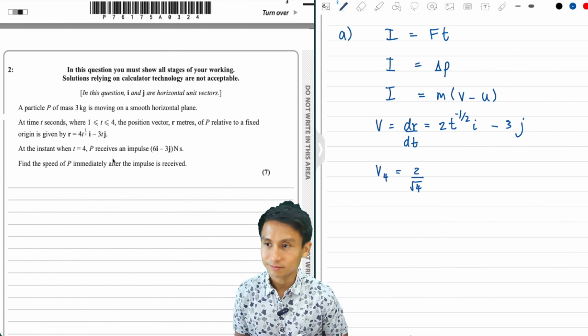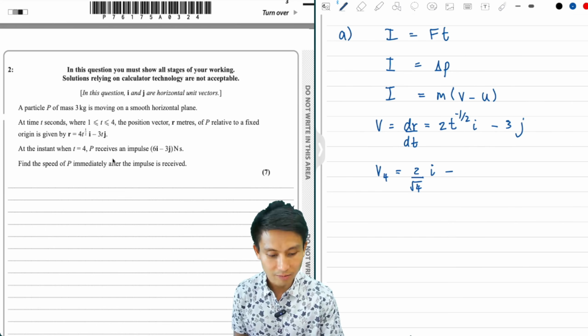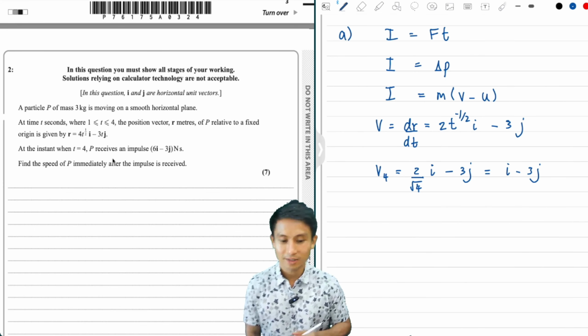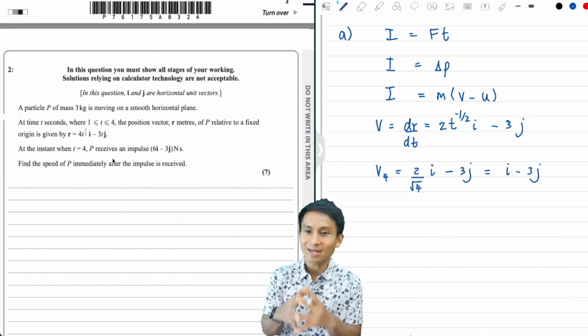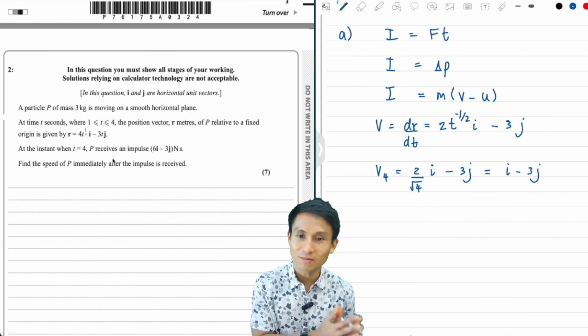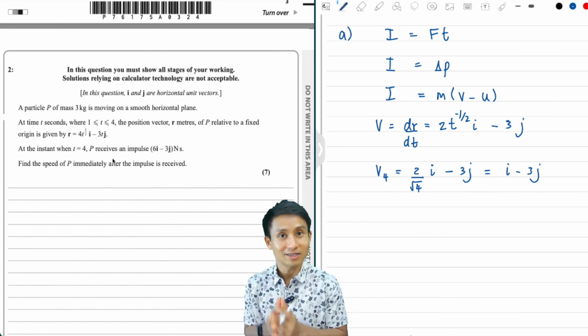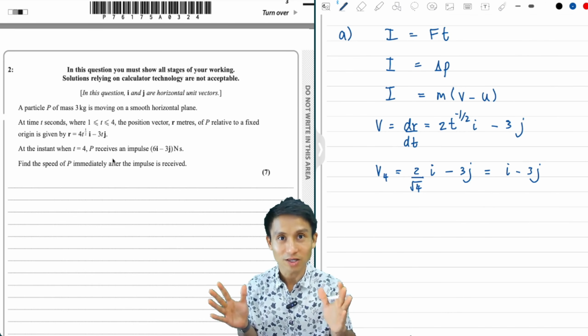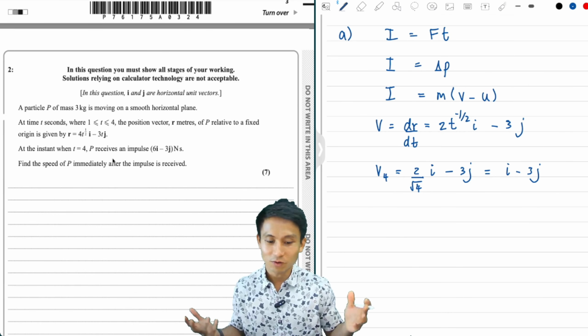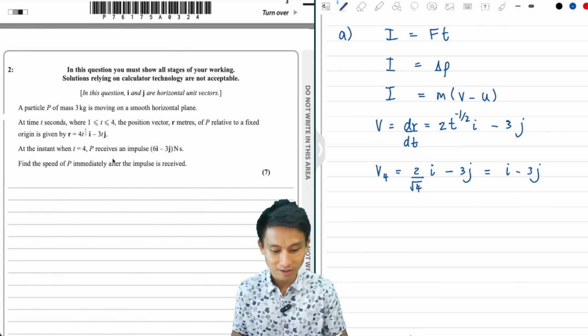So that's basically i minus 3j because it's 2 over 2 there. Now this is the velocity at time equals 4, and that is just before it gets the impulse. And we call this the initial velocity before the impulse, right? So it's going to be plugged into this guy. And we're good now because we're going to get v there.